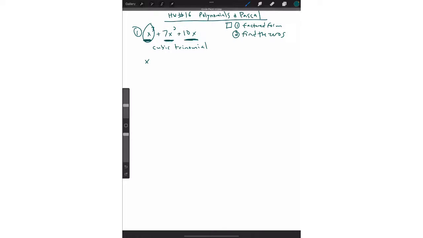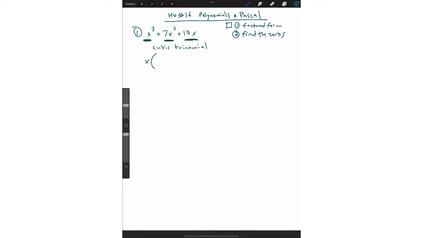They each have an x, right? This one has 3 x's, this one has 2 x's, and this one only has 1. But let's say I just pull out 1 from each of them. I can factor it out and write it in factored form.